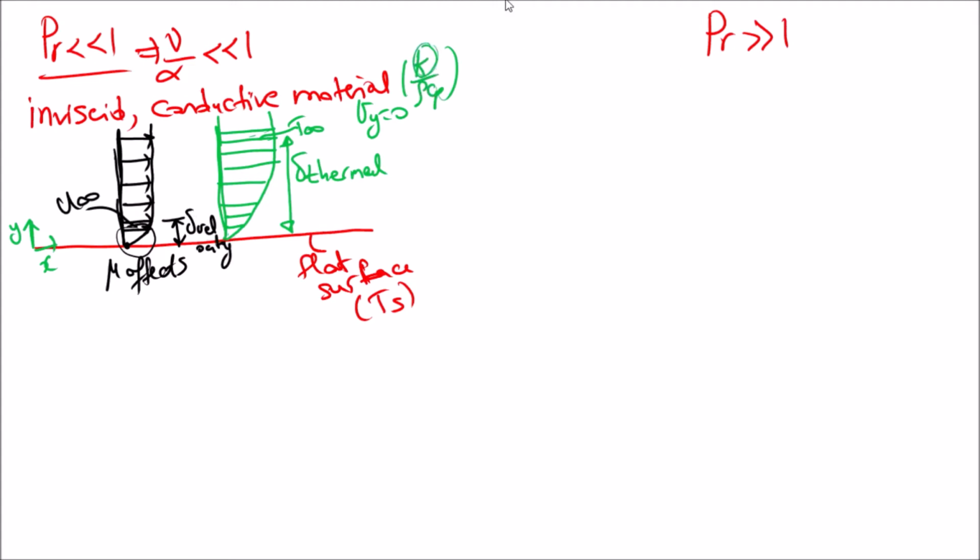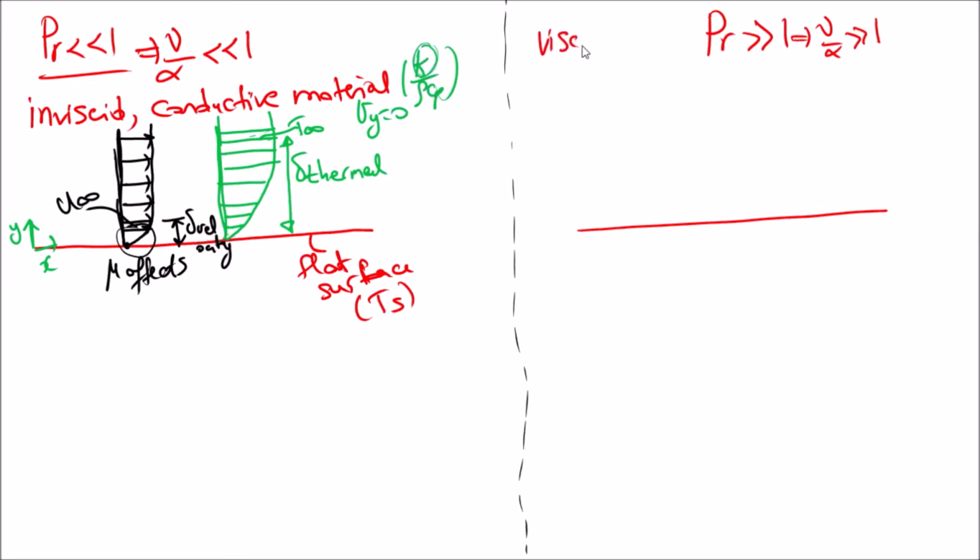And if you look at the Prandtl number much greater than 1, again we have the flat plate, which is very hot, and in this case you will have nu by alpha much greater than 1. It means that the fluid is highly viscous but non-conductive, and you will have exactly the opposite of this case.